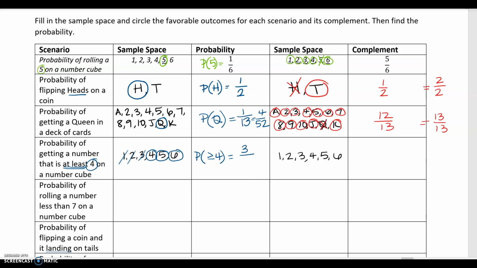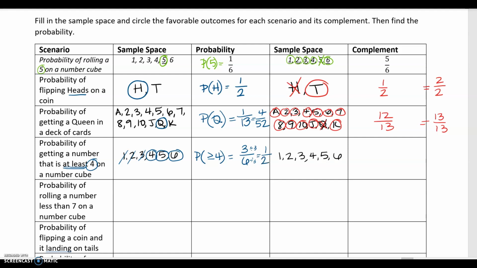I'm putting how many numbers qualify and fit those specifications over my total. So 1, 2, 3, 4, 5, 6. There's 6 possible outcomes. Okay. And we always need to simplify our probability. So 3 and 6 are both divisible by 3. 3 divided by 3 is 1. 6 divided by 3 is 2.